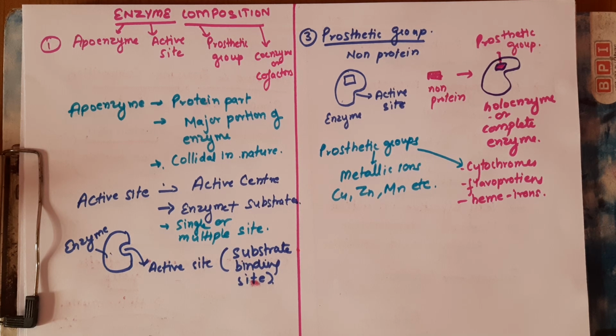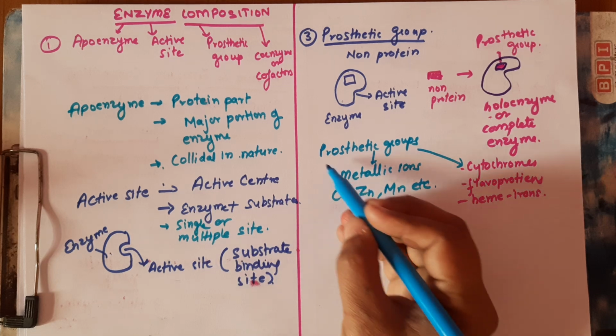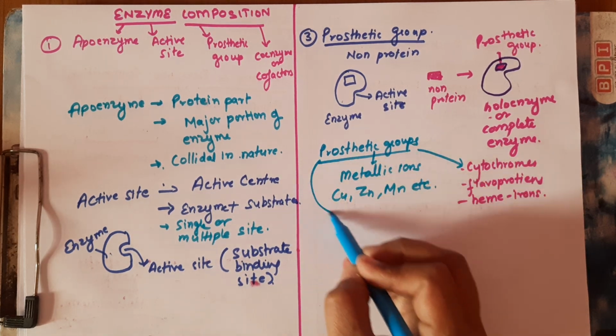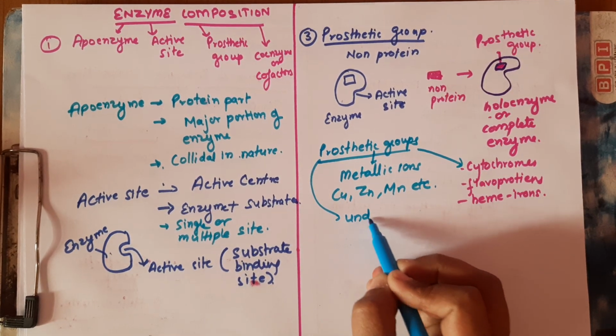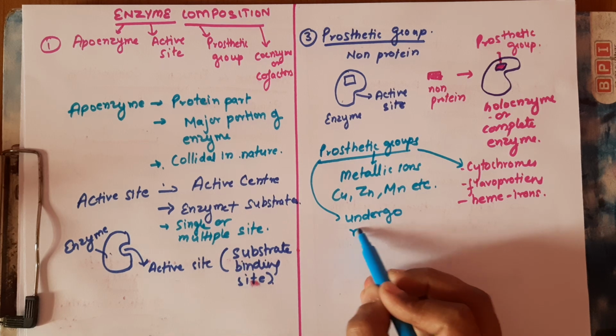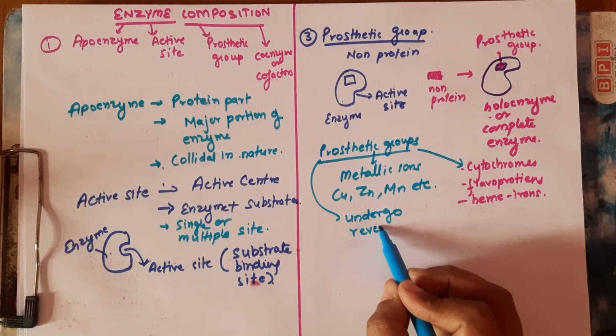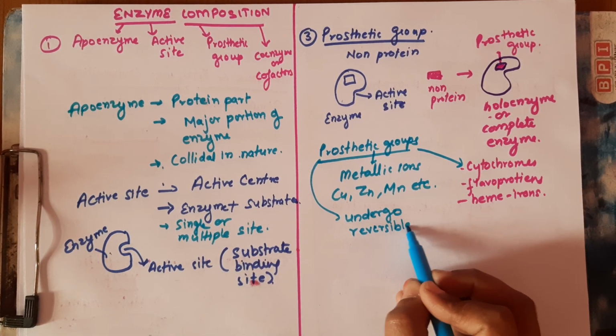Now, the very fascinating thing about these prosthetic groups is that they are associated with the active site of the enzyme molecules, and in some cases they will also undergo reversible chemical change. This is the point to remember about them.